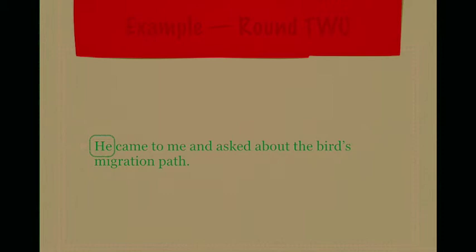So we realize this is our subject. Next we have our object pronoun. First you need to figure out what is your action. So came to, who or what was being come to. That would be me. So here we have our subject and our object.